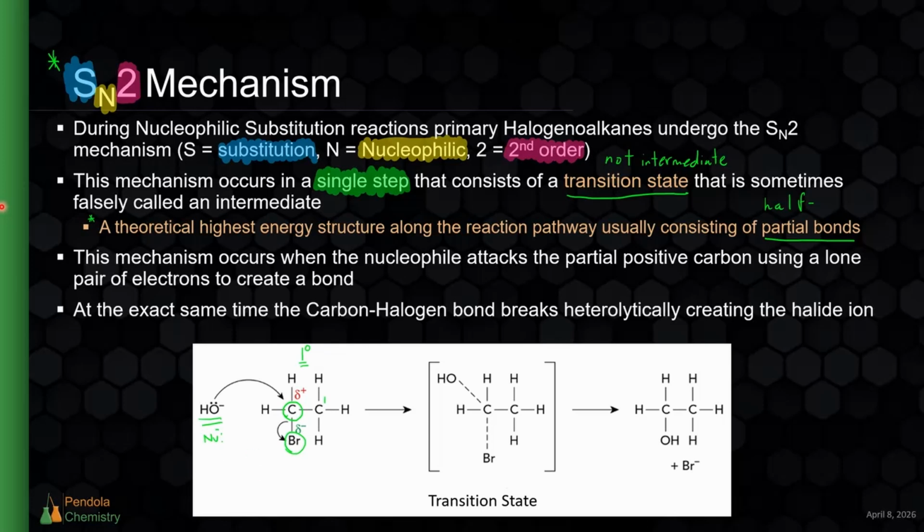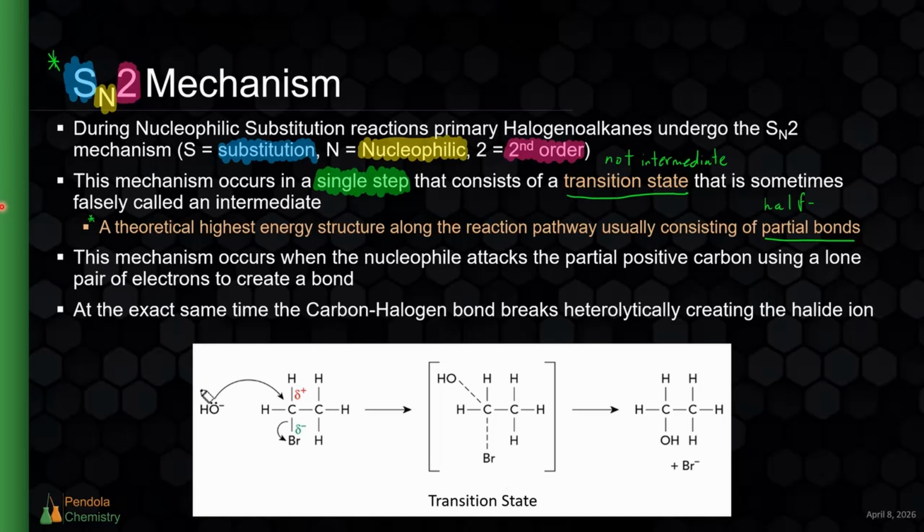So how exactly does the SN2 mechanism work? How does it happen? During an SN2 mechanism, what is going to happen all in one step is that the halogen will leave the carbon at the exact same time that the nucleophile is being added.